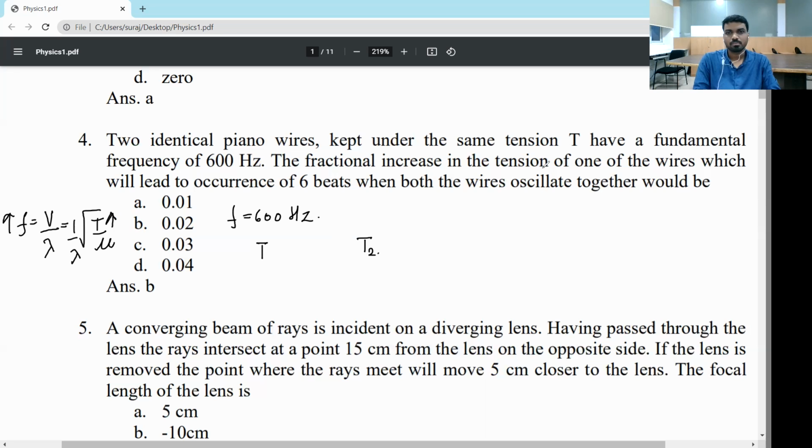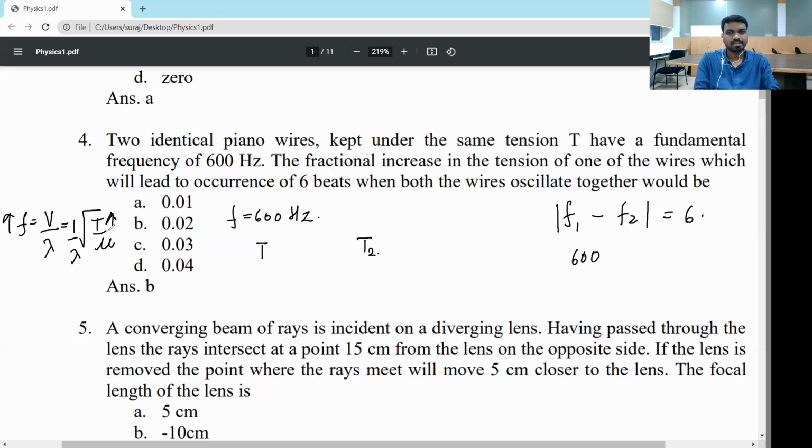Fine. So I want the fractional increase in tension of one wire, which will lead to the occurrence of 6 beats. So what is beat? Difference in frequency. F1 minus F2 should be equal to 6. One frequency is 600.